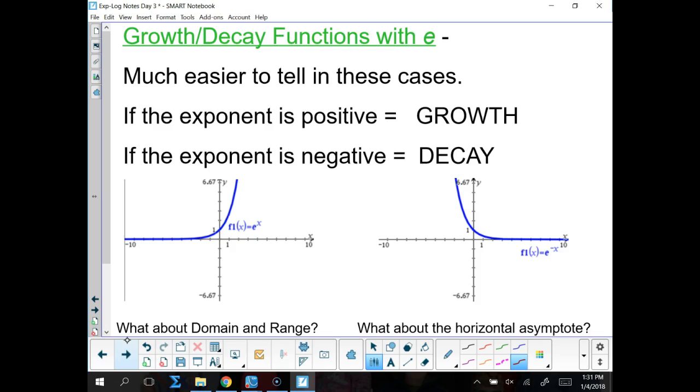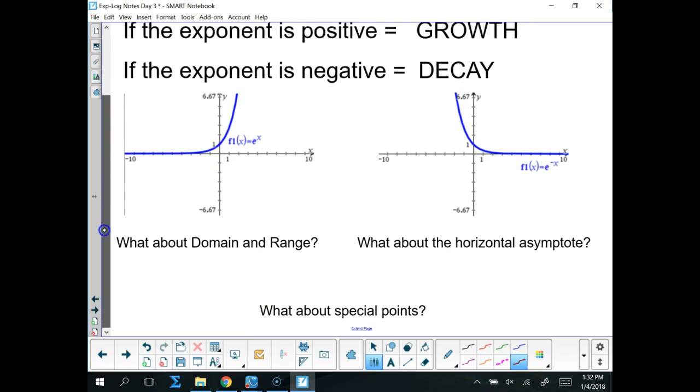And if the exponent is negative, it's a decay. It has nothing to do with the base because the base is Euler's number. It's got everything to do with the positive or negative of the exponent. It's logical. You see a positive exponent, that's a growth. You see a negative exponent, that's a decay. All right? So here's the two graphs. An exponential growth on the left, an exponential decay on the right.